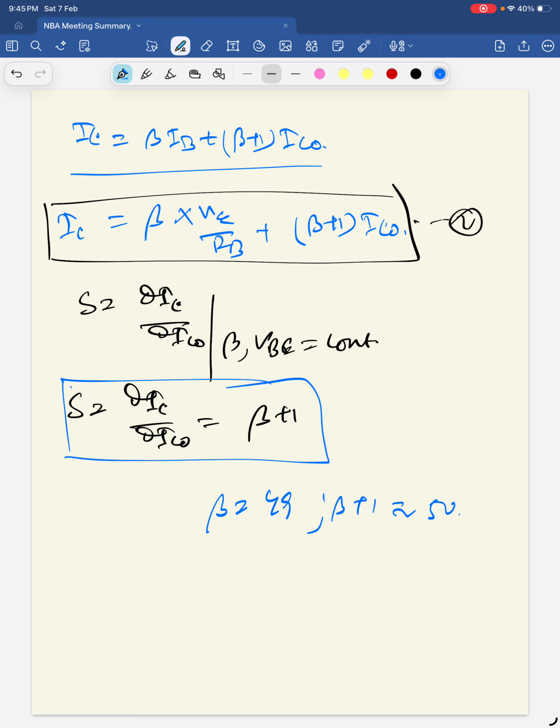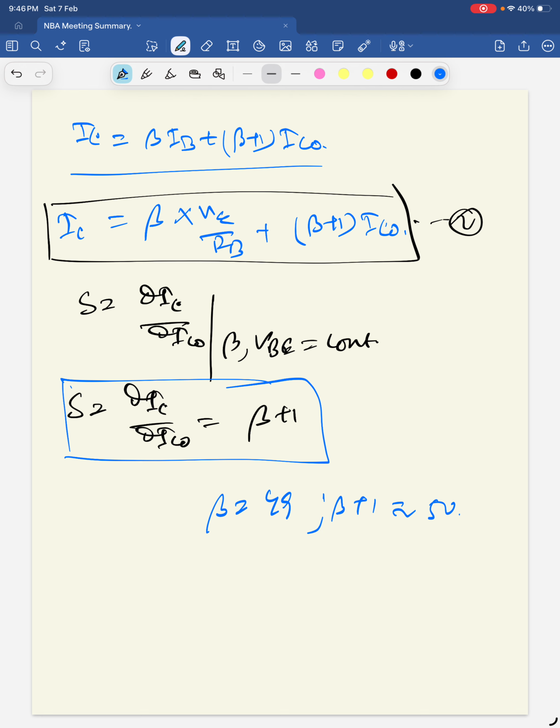So this stability factor should be as low as possible, then the stability of the system or the device will be more. Here this system is less stable only because IC changes almost 50 times faster with respect to ICO. So this is not at all a good circuit. This is the fixed bias circuit or the base circuit.